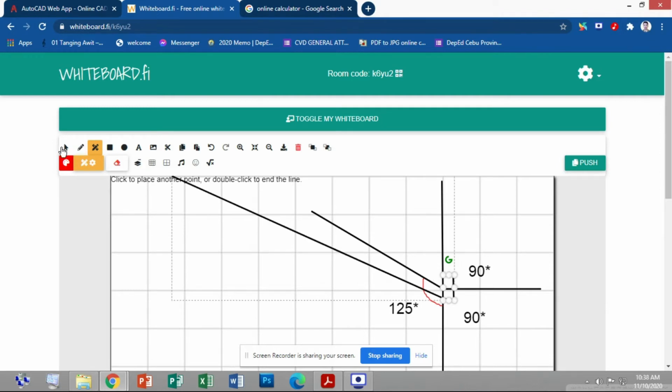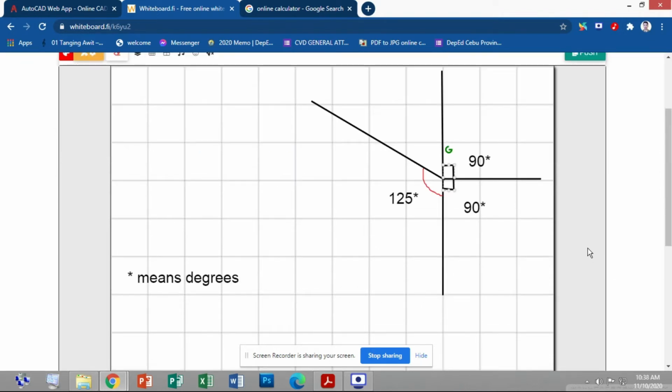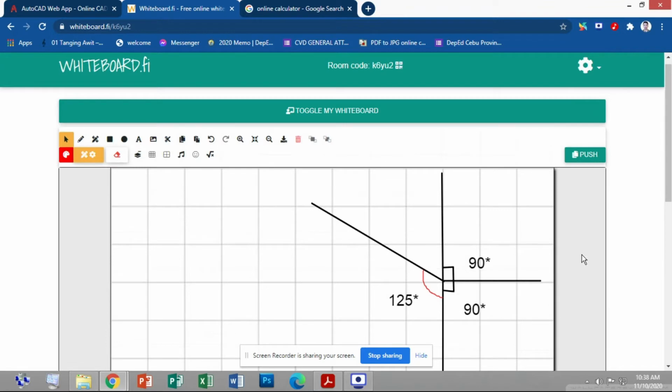Okay, dalawang 90s yan. Okay, now, so the remaining part na hindi pa talaga natin alam is this point or this angle. Okay, we don't have an idea of that yet.